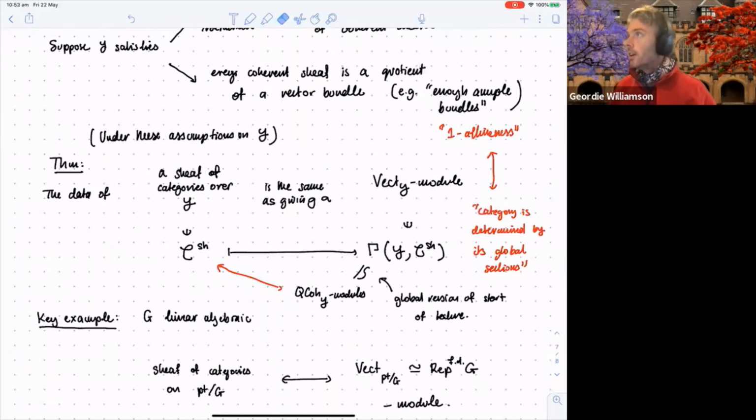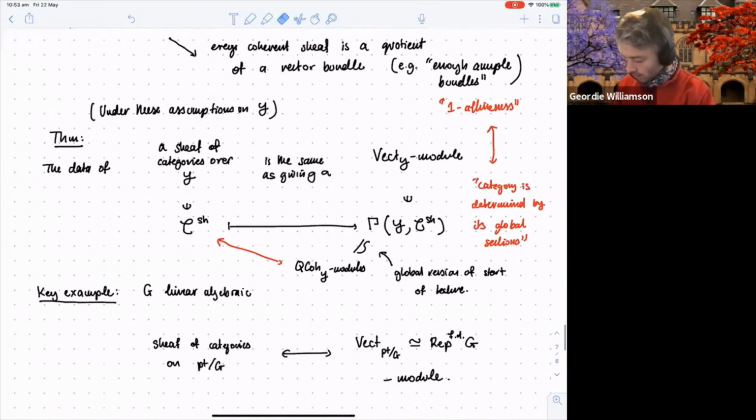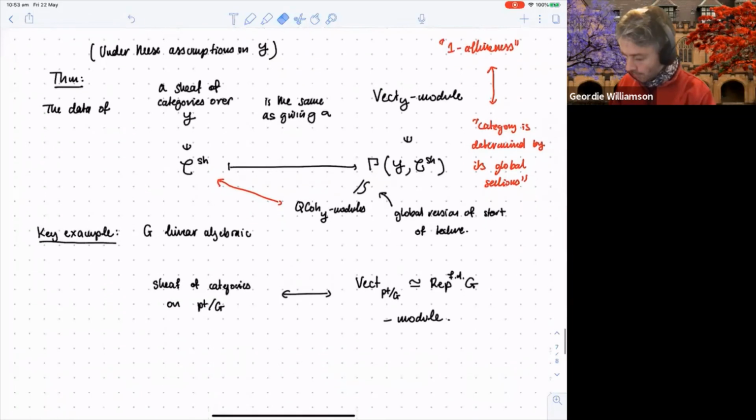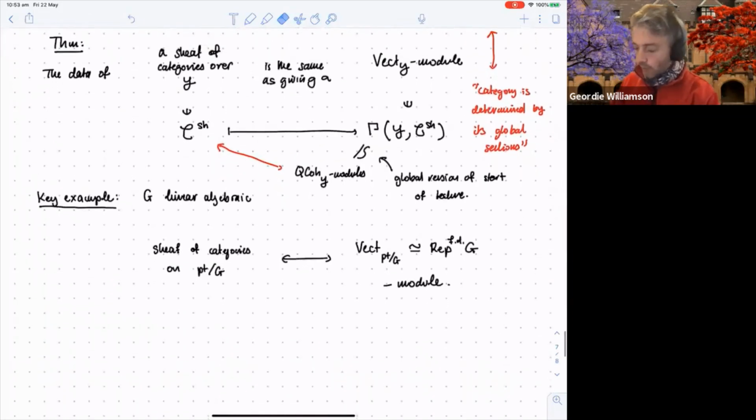Okay, so maybe I will continue. We're getting close to the end. I'll just finish with the key example, and then I will do the brief remaining section of this next time.